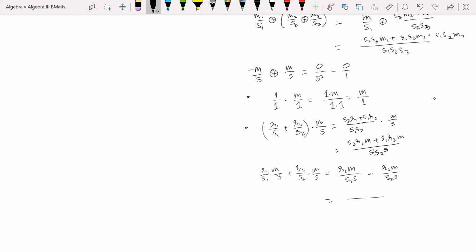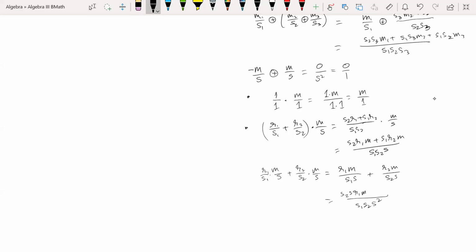If you multiply them, you get S1 S2 S squared, and R1 S2 S M. The ring is commutative, but we are doing this only for commutative rings, so let me not worry about it.